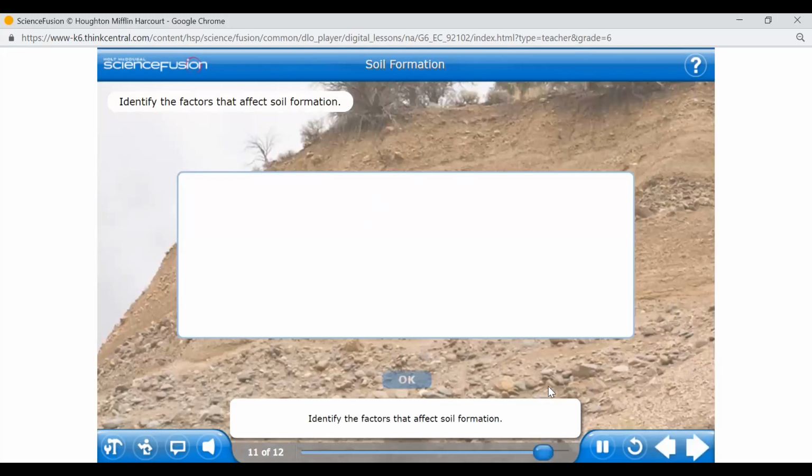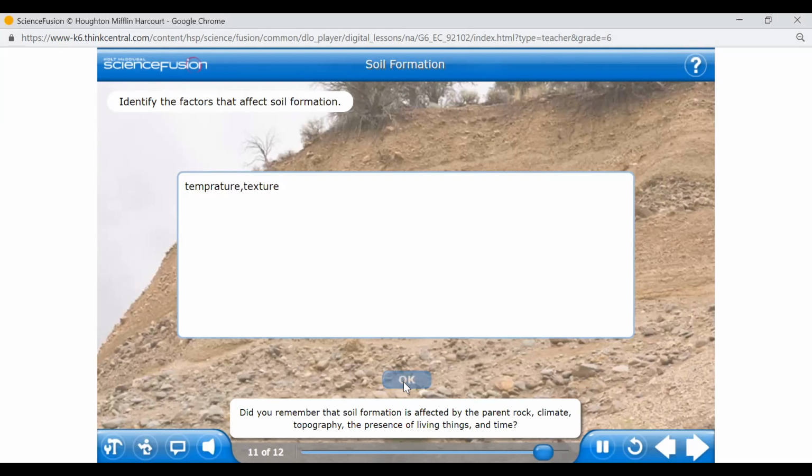Identify the factors that affect soil formation. Type your response in the box, then click OK. I will write the temperature and the atmosphere. What else can affect the soil? The texture, how soft it is. Let us see the answer here.